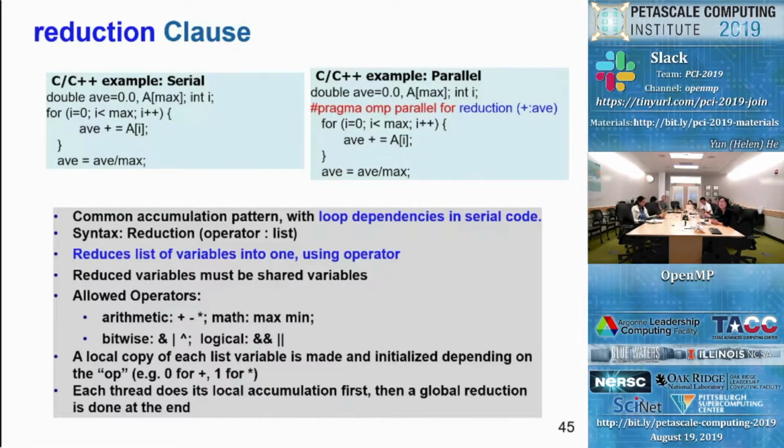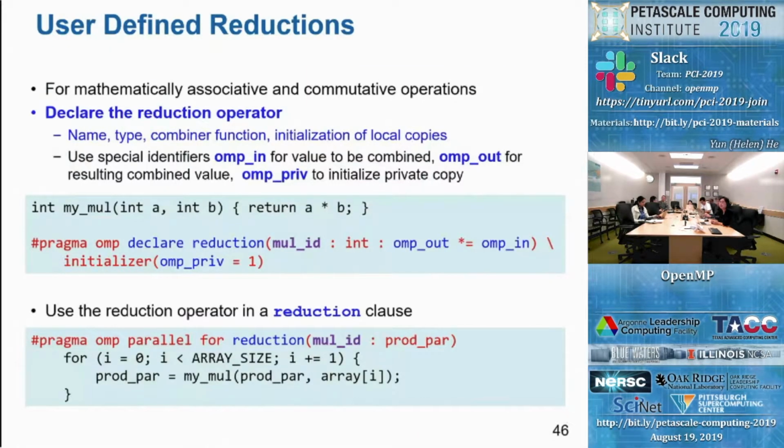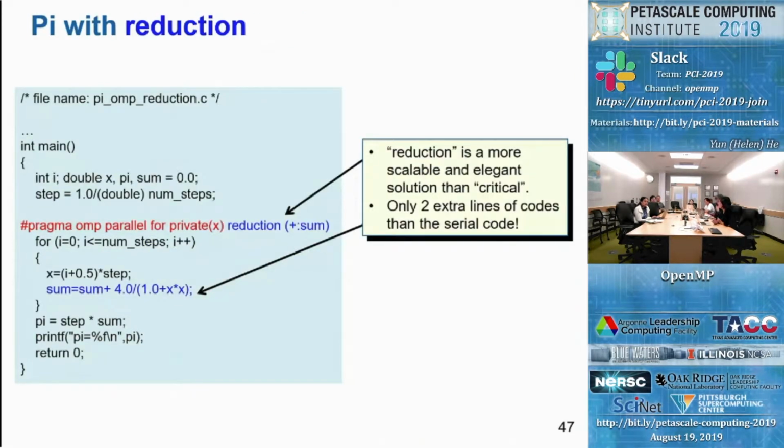Next slide, please. In OpenMP, users can define your own reduction operators. You have to define a name, a type, and what function you work with. Then you can declare it and later on use it in your own application. Next slide, please. I'm not going into details. That is to say, this feature is available, so you can explore it if the available operators are not enough for your application.